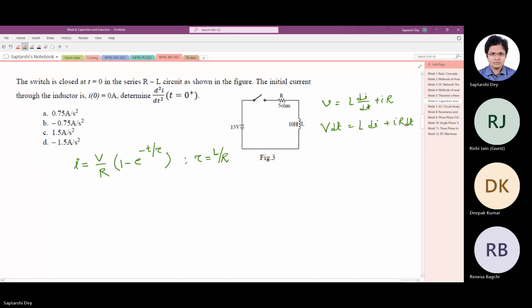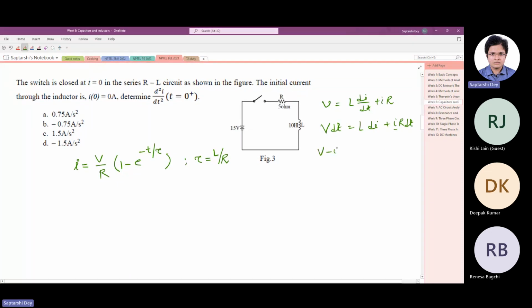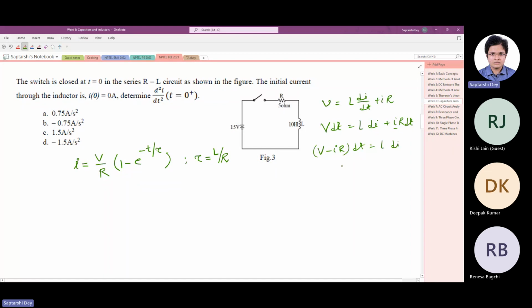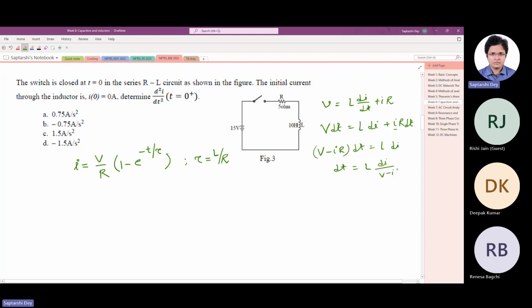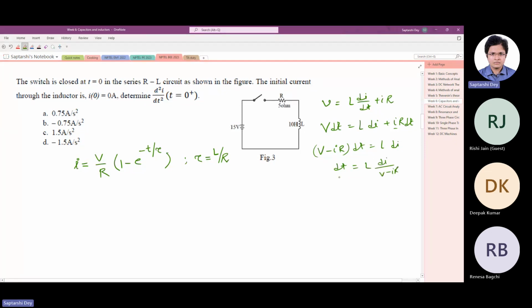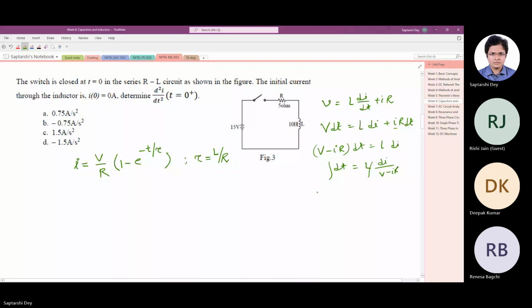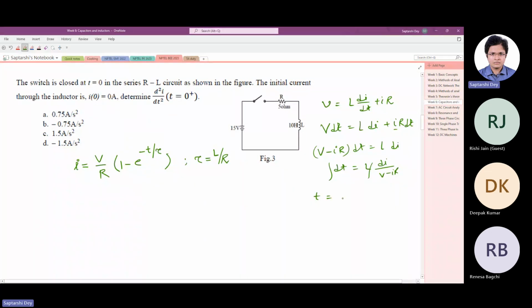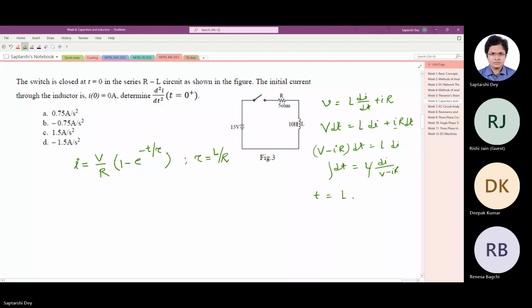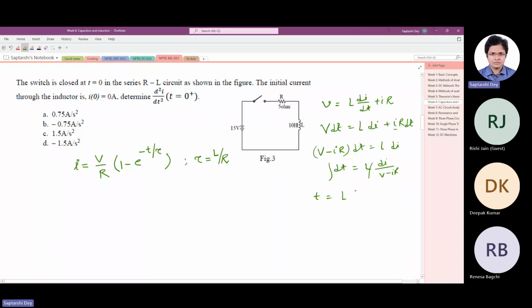Then we have a current i here, so (V minus iR) dt equals L di. So dt equals L di by (V minus iR). Now if you integrate, you will get t equals L times the log of (V minus iR).